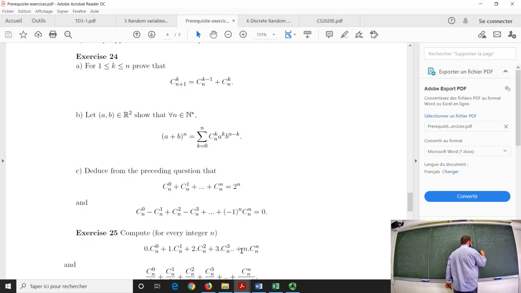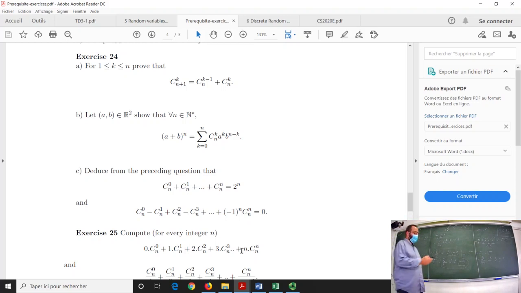I have a to the power n plus 1 plus b to the power n plus 1 plus the sum from k equal to 1 to n of C(n+1,k) a^k b^(n+1-k).